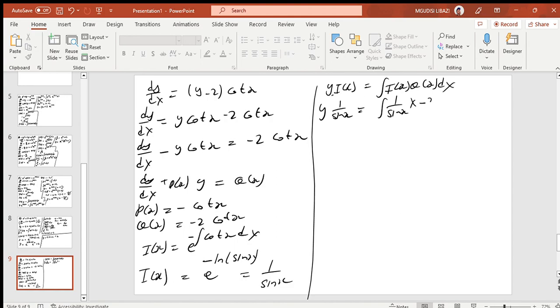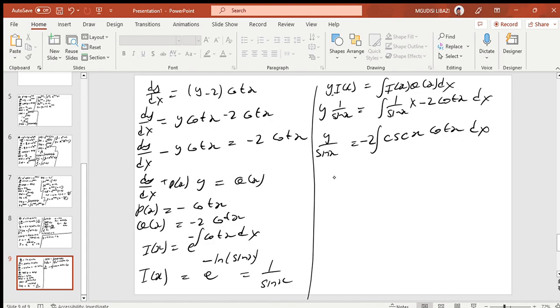It was negative 2 cotangent of x dx. So now we can say y over sine of x is equal to integral of 1 over sine x, which is cosecant of x, times cotangent of x dx, and then we can put the negative 2 behind the integral sign.